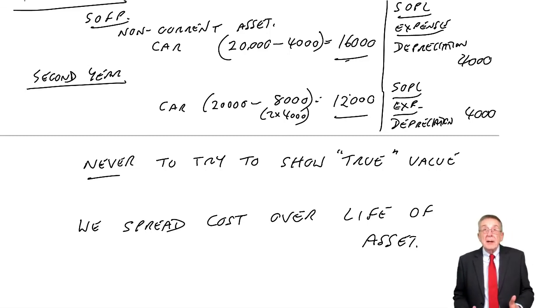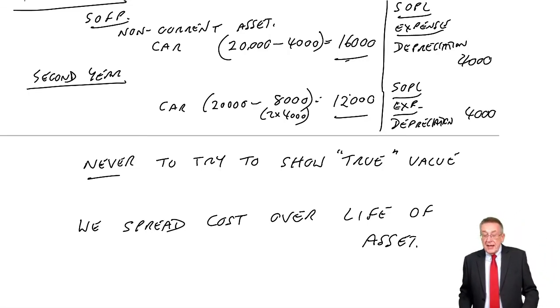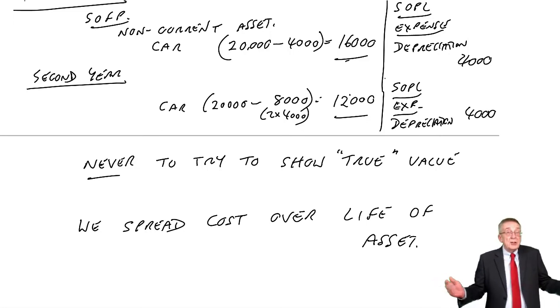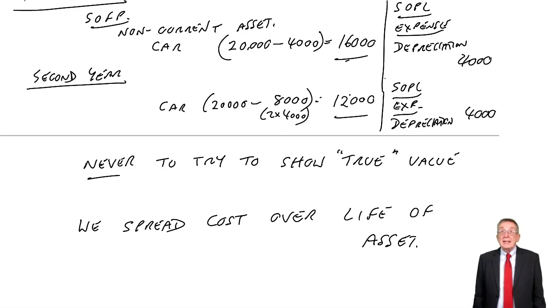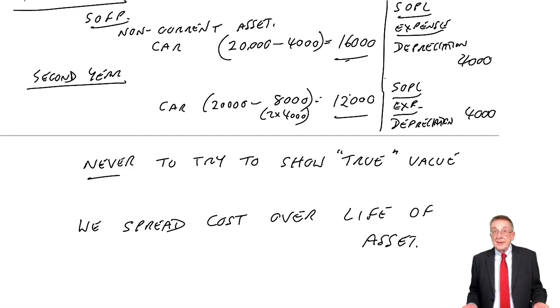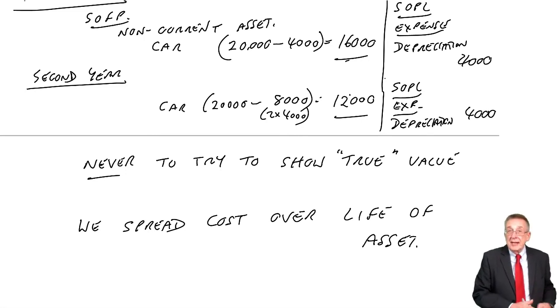We never claim that it's the true value. If we came to sell it, we may be able to sell it for more after 2 years. It may sell for more than 12,000, maybe less than 12,000. I say again, it would be a miracle if it was worth exactly 12,000. We're spreading the expense over the life of the asset.